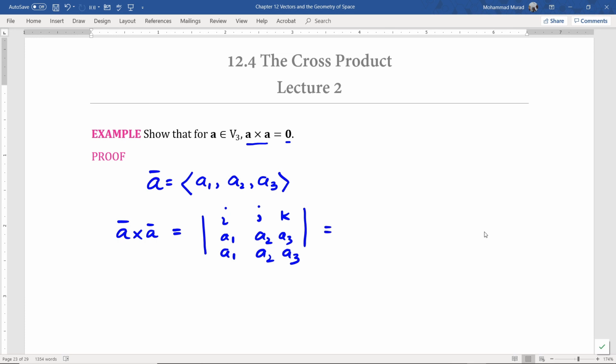So if you expand, for example, the first component would be A2 A3 minus A3 A2.